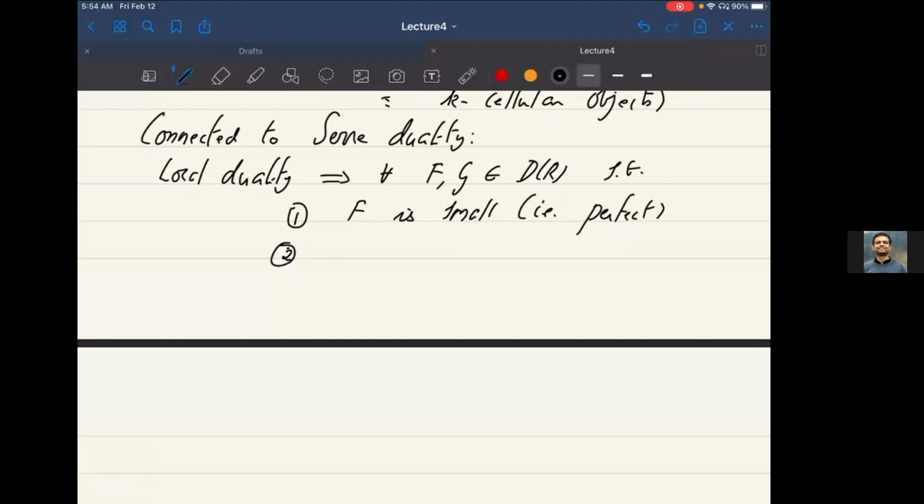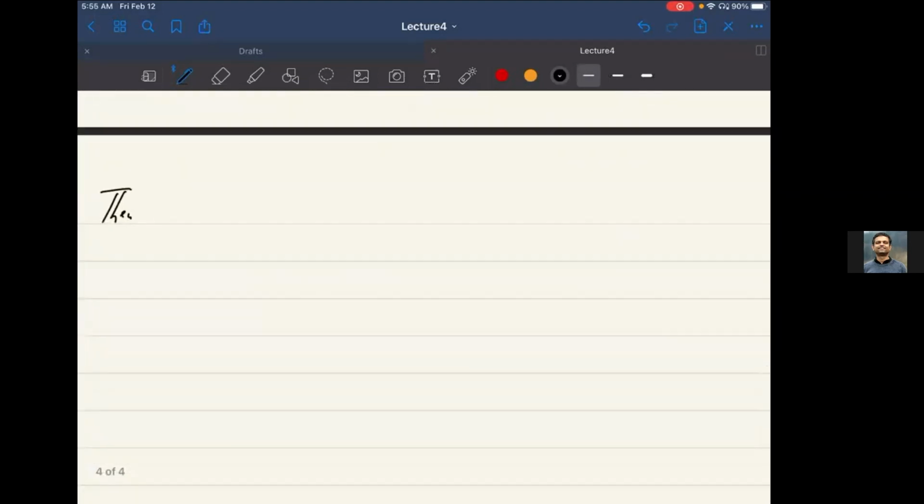So no conditions on G, except that maybe I either put a condition on G or on the Hom spaces. Let me put this condition on F itself, so that the length of the cohomology is finite. Then there is a duality of this form.